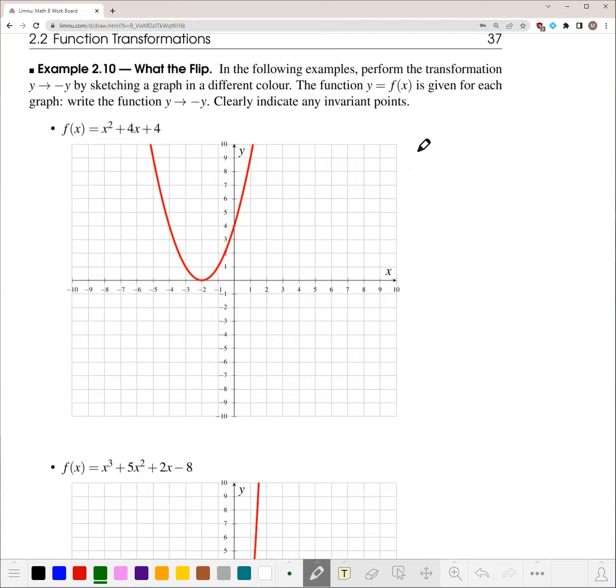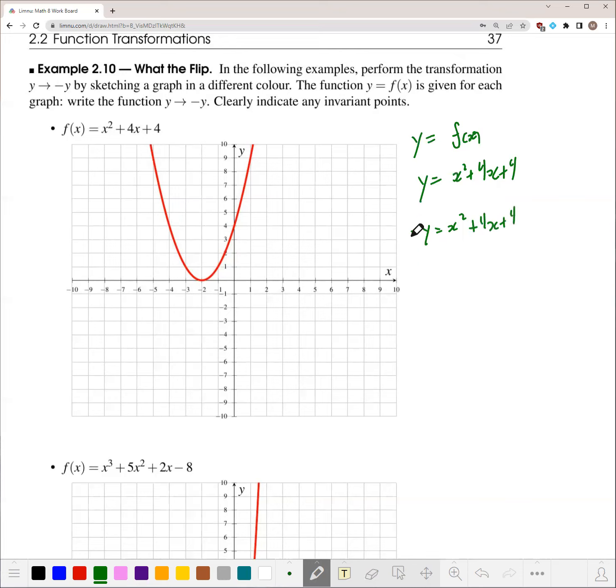In order to do this replacement, we're really saying y equals f of x, right? And so y equals x squared plus 4x plus 4. And then if I want to do this replacement with y becoming negative y, we'll get negative y equals x squared plus 4x plus 4.